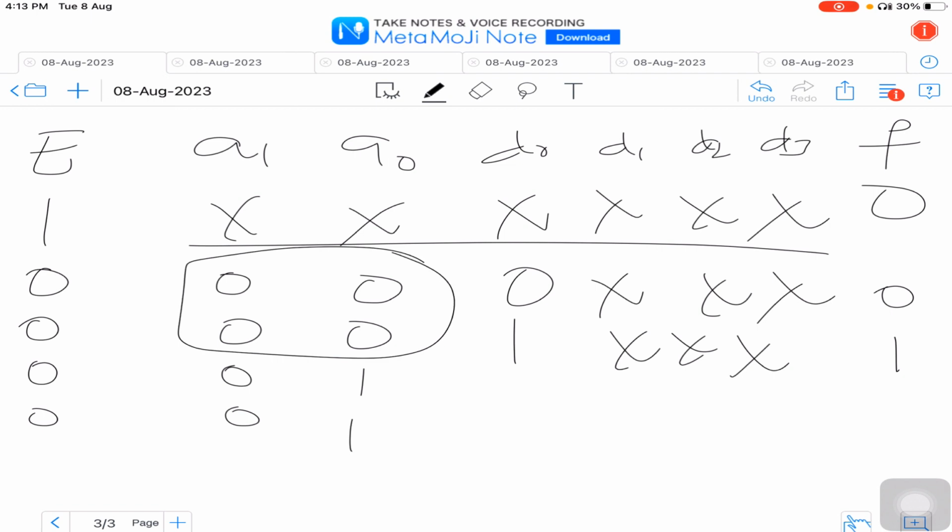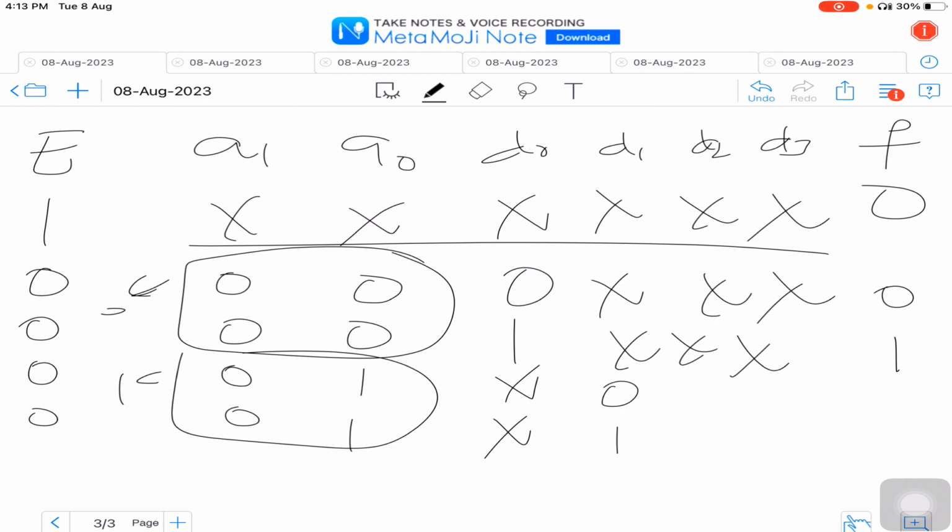This is your 0, this is your 1. Other than that one, all others will be X. So, it will become 0 and 1, then the remaining will be X. So here again you are going to get the output as 0 and 1.